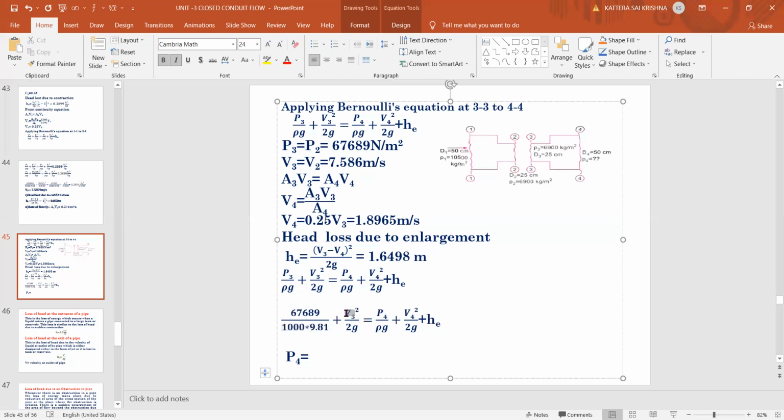V3 we already have, 7.586 square by 2g. V4 is there, 1.8965 square.